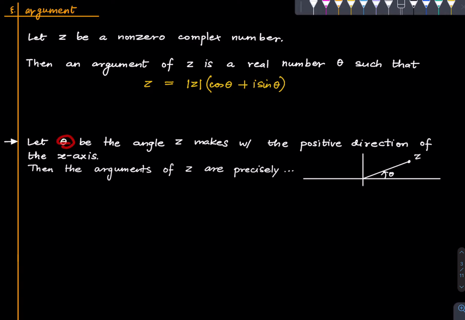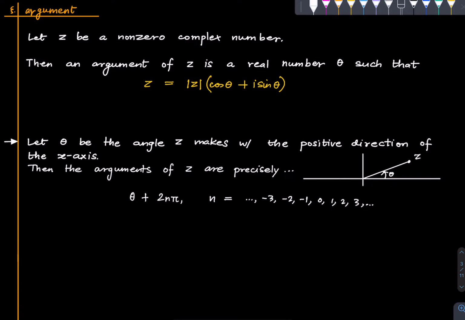So suppose theta is the angle z makes with the positive direction of the x-axis, denoted in this figure. Then the arguments of z are precisely the angles of this form, theta plus 2n pi, where n is some integer. And the reason is very simple.